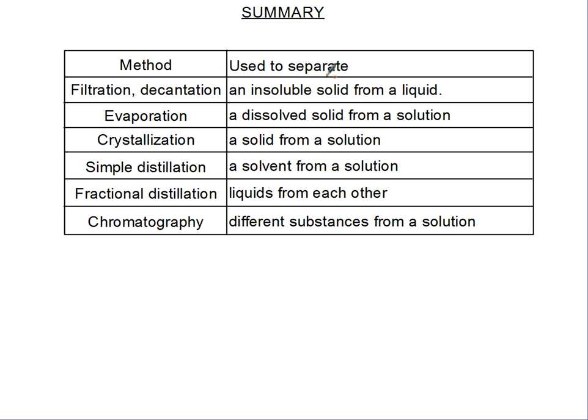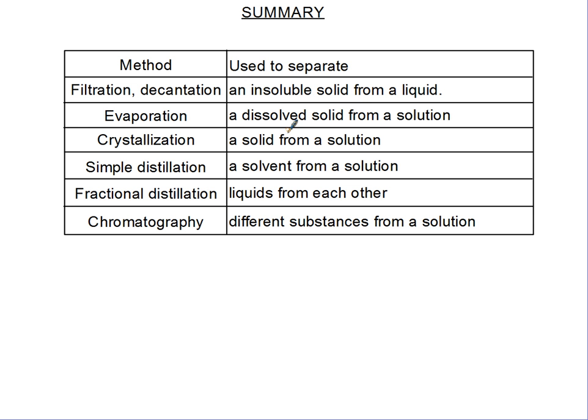And then in summary, please draw this table. You've listened to how each process takes place. Now just pause the video here and draw this table. This is just a summary of what we did today. Filtration and decantation are used to separate an insoluble solid from a liquid.